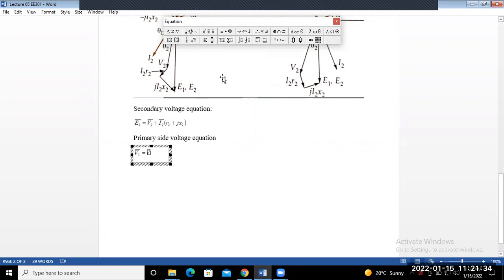How is leakage flux represented as leakage reactance?